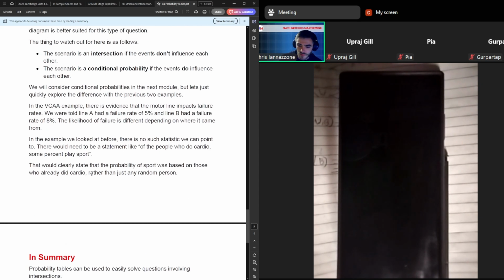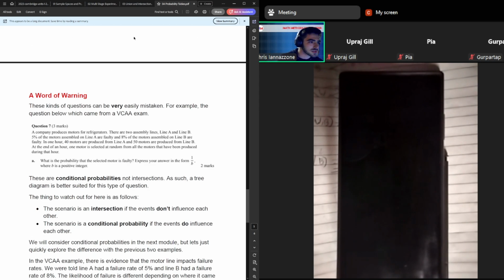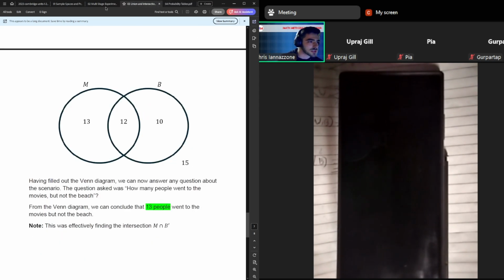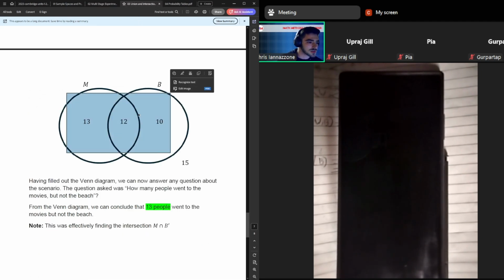Cool, alright. That's all the theory around there. If there's anything you'd like me to delve into further, let me know. And if you have any preferences for what questions you want to do, let me know. Otherwise, typically the toughest kinds of questions up until now could be anywhere from multi-stage experiments or these Venn diagrams.